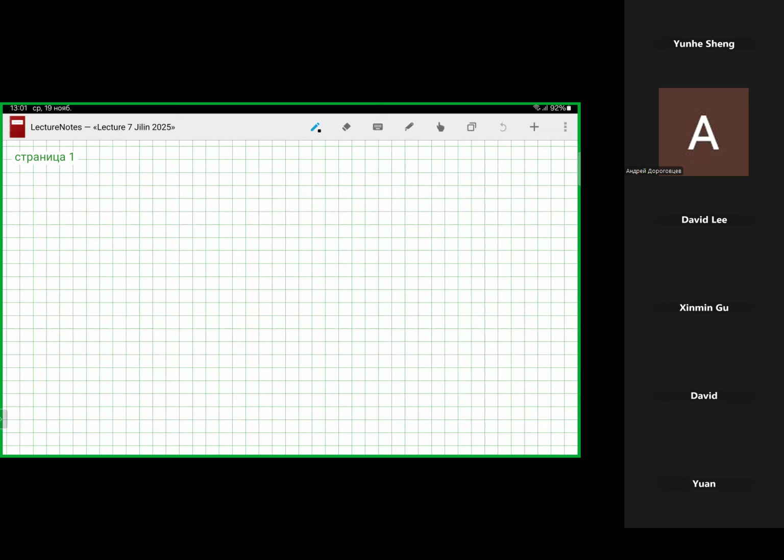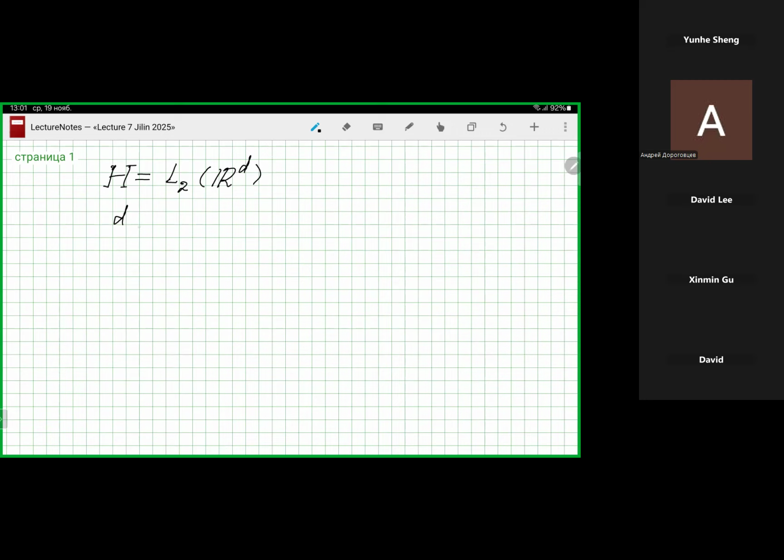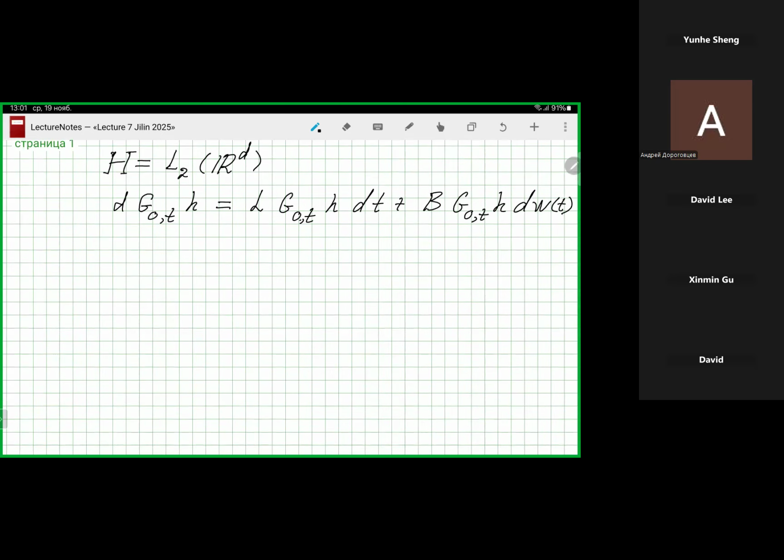And it was mentioned that in the case when our Hilbert space is L2, it does not matter on R or R^d, we have the following stochastic differential equation: dJ_t h = A J_t h dt + B J_t h dW_t, when A and B are differential operators.